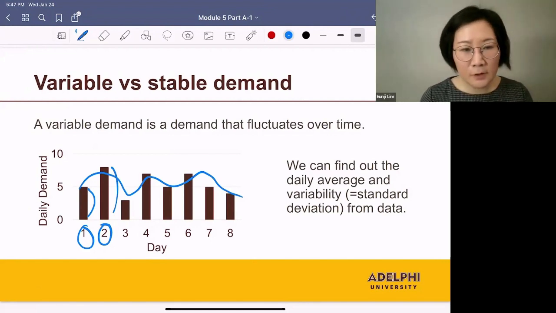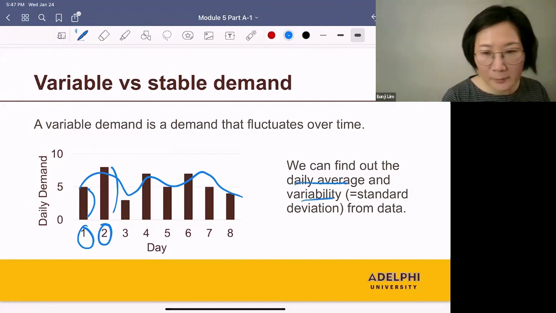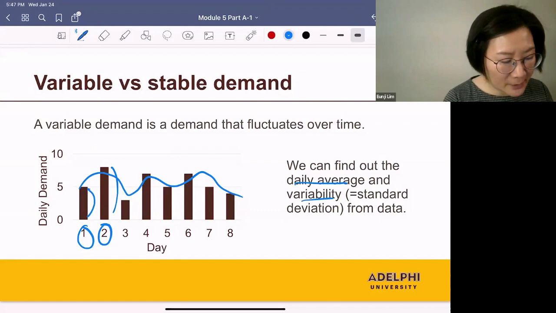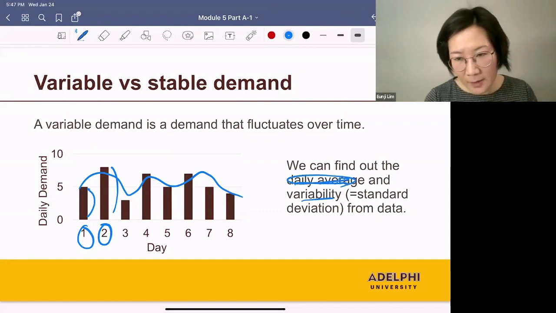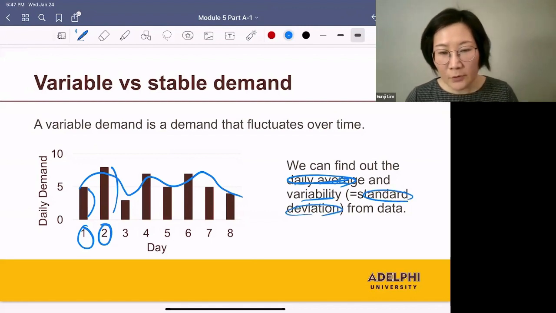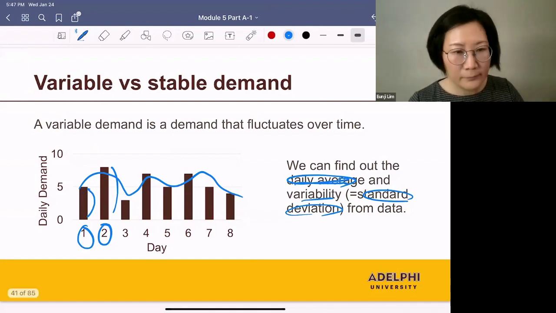So this is called a variable demand, and you can find the daily average and variability from a data set. The daily average is measured by the mean, and the daily variability is measured by the standard deviation. We can compute these numbers easily from our data set.